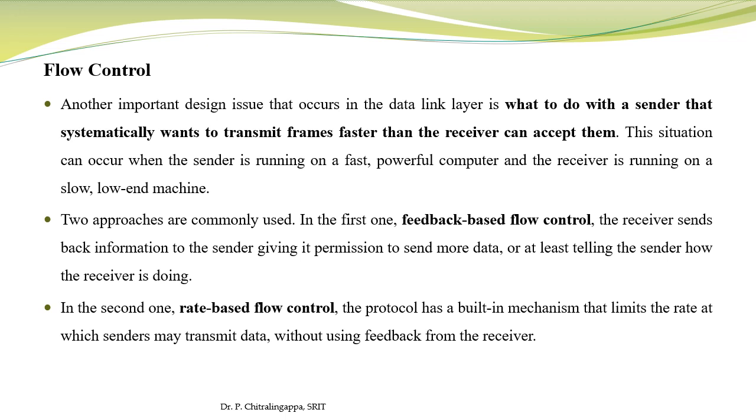So we try to regulate that flow. For that purpose there are two approaches: feedback based flow control and rate based flow control. In feedback based flow control, the sender sends data based on the receiver's input. In rate based flow control, the system itself fixes some rate, and we can transmit data only at that data rate.